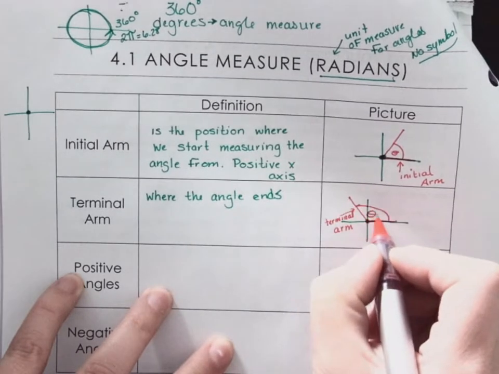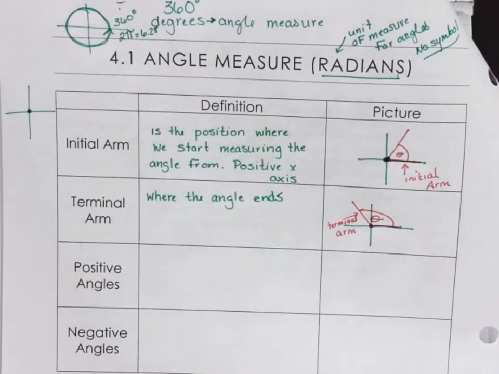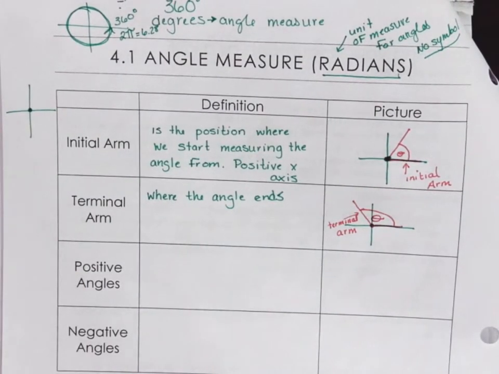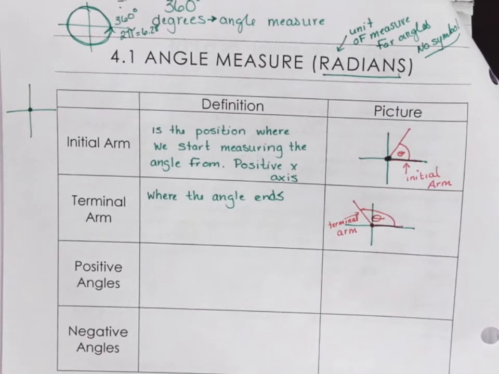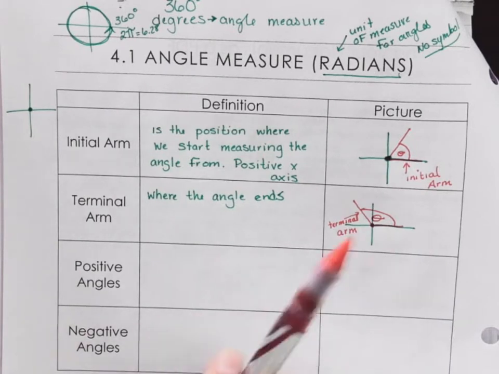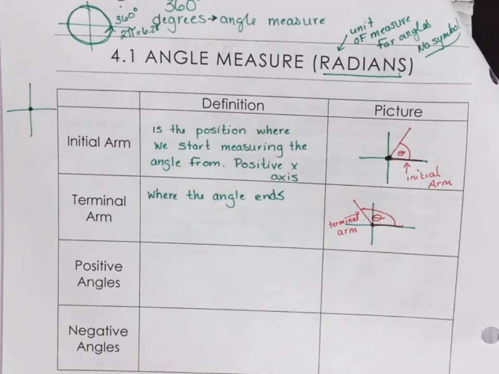Maybe this time I'll draw a different one. So this would be my terminal arm. And my theta, my angle measurement, would be from the initial arm to the terminal arm, right? So initial is where you start, terminal is where you end.